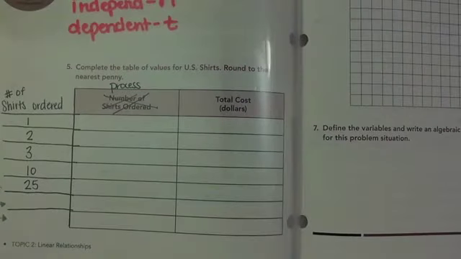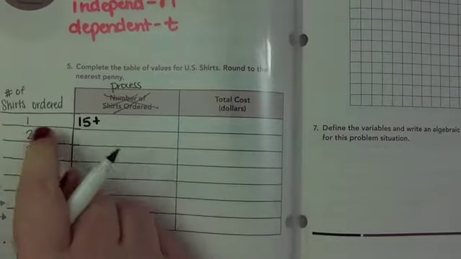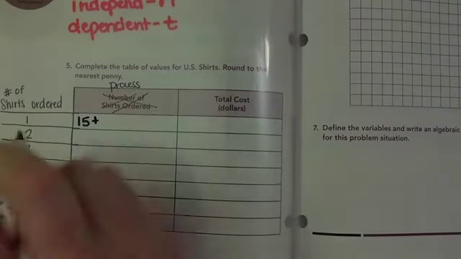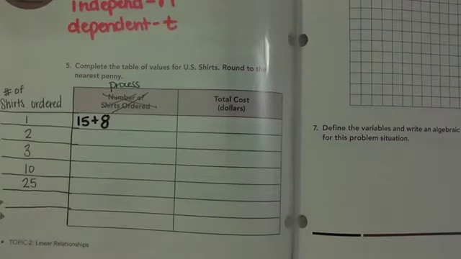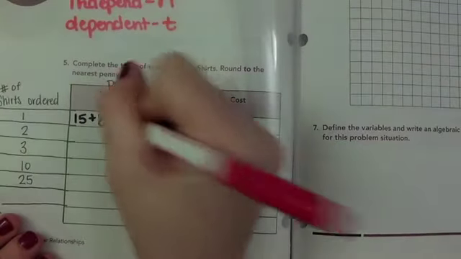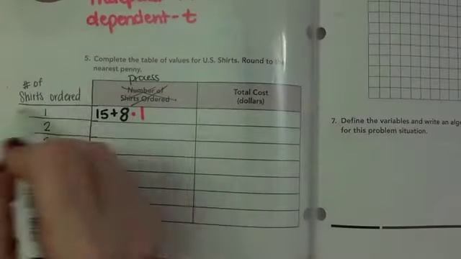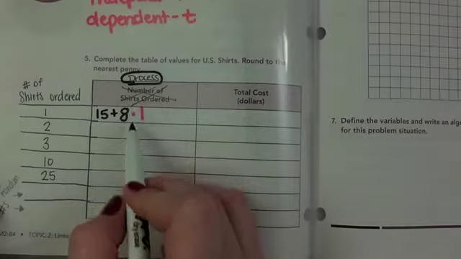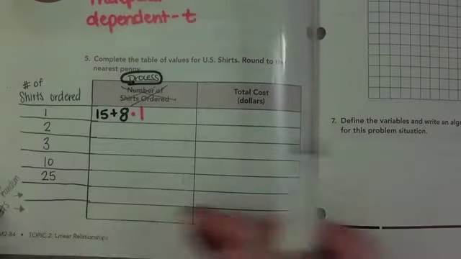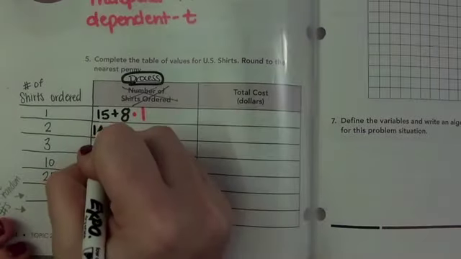So 15 plus, how many shirts did I order? Well, 1, so we're going to do 8 times 1. Hopefully you noticed I did extend this over, and this is called our process column. I like being able to put all of the work in a nice laid out way, and I want everything laid out very nice and pretty.